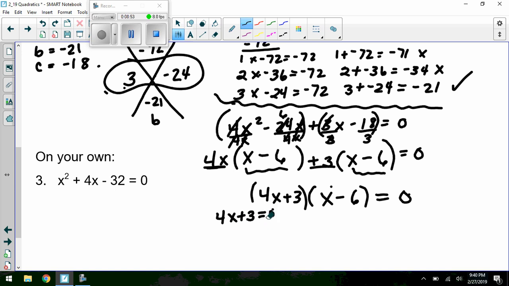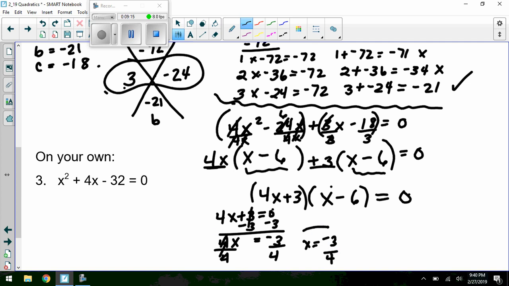If I'm going to solve that, this becomes a two-step problem. Subtract 3 from both sides. 4x cancels out. It's equal to negative 3. I would have to divide by 4, divide by 4. So that leaves me with x is equal to negative 3/4.